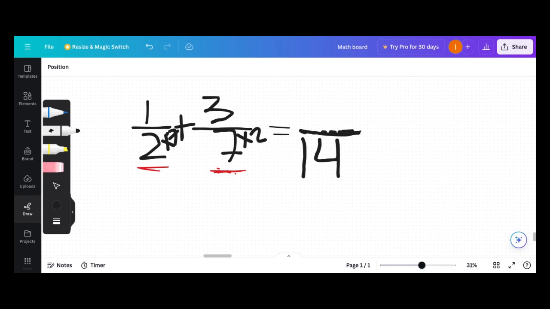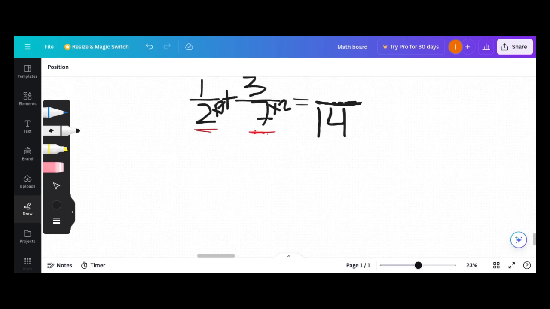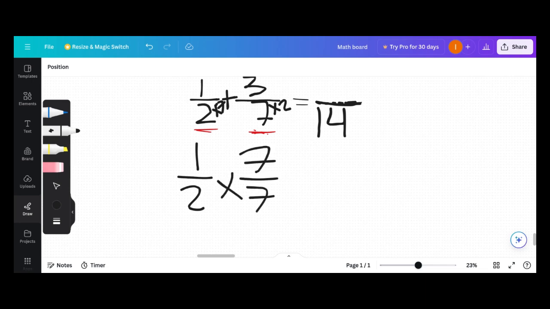So, 1/2 times 7/7. And one thing I really like about this is 7/7 because it equals 1. When you're doing 1/2 times 7/7, the value is going to stay the same, just the numbers are different. That's something to keep in mind, that the top and bottom have to be the same in order for the value to remain the same.